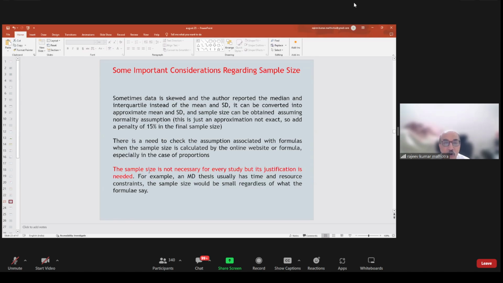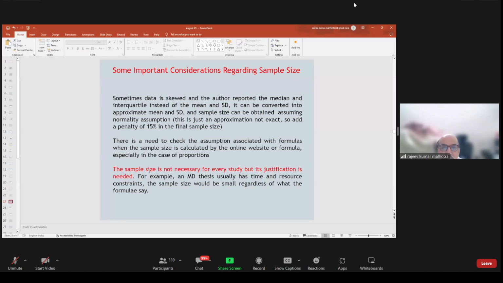These can be converted into an approximate mean and standard deviation using a formula from an available article. Just search in Google for how to convert median and interquartile range to mean and SD. I forget the author name, but you can find it. Then the sample size can be calculated assuming normality.